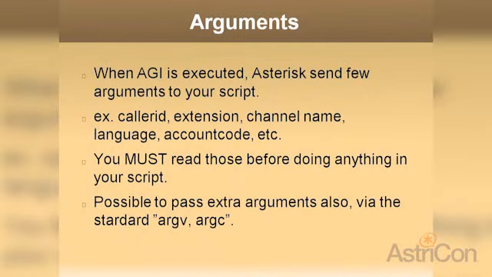When you're calling your AGI from the dial plan, Asterisk is going to send a lot of arguments to your AGI script, like the caller ID, the extension, the channel name, the language, the account code. So you don't have to call something like a core channel command to get all those.